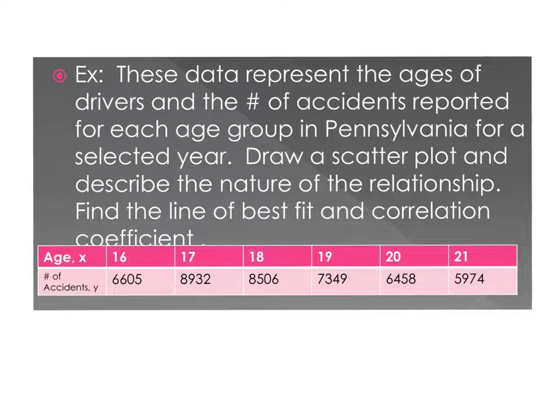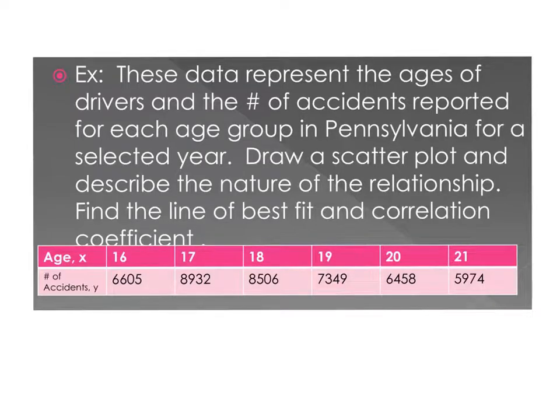The standard zoom menu is a 10 by 10, so negative 10 to the left, positive 10 to the right, positive 10 vertically, negative 10 horizontally. Well, our data starts at 16 for the X, and it starts at 5,974 for the Y. So it's not going to show up in the window you're looking at, and we have to change the window.